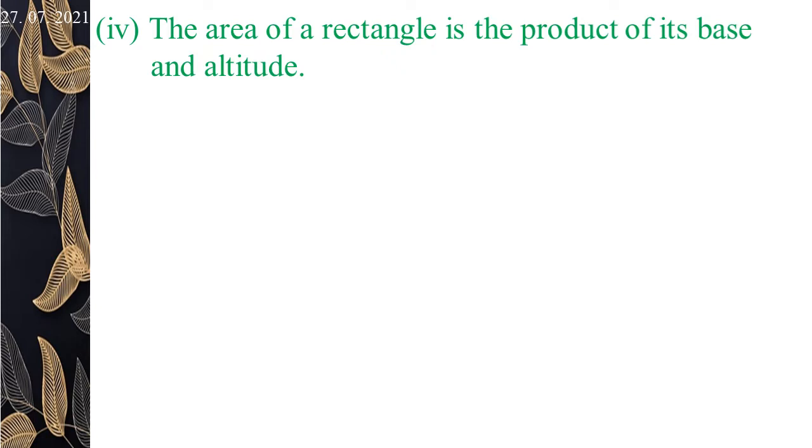Fourth one. The area of a rectangle is the product of its base and altitude. Let us find the solution. Here a rectangle figure is given. So the rectangle has base and altitude.